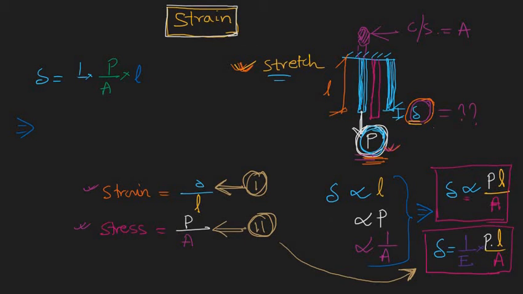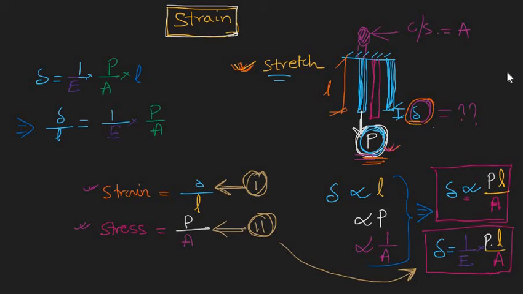So this is E. Now if I rearrange this equation, that is delta by L on one side is equal to 1 by E, E remains constant, into P by A.